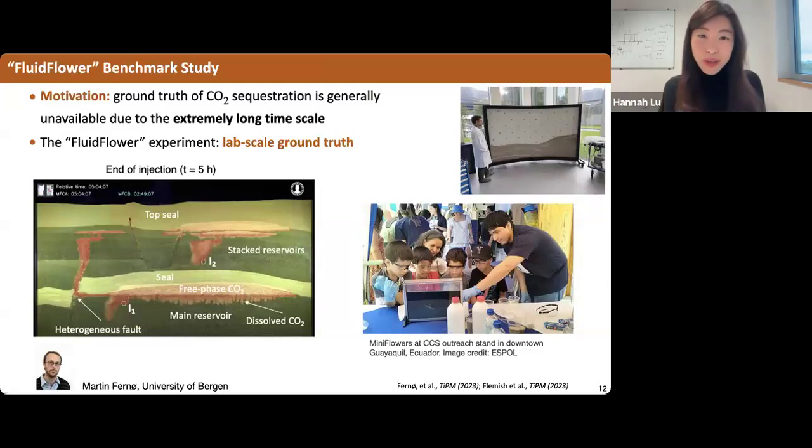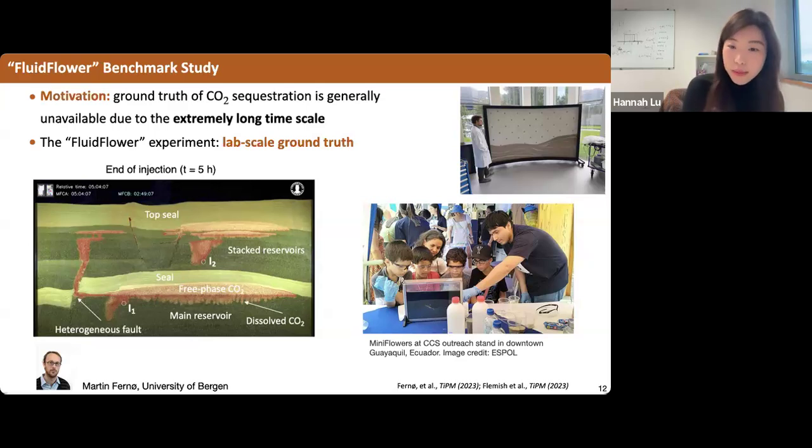Maybe many of you know about these FluidFlower experiments. They're fantastic experiments to help us bridge the gap, in the case that we have no available data to validate all our existing models against measurements because of the long time scale of real CO2 sequestration. This experiment is happening at the University of Bergen.